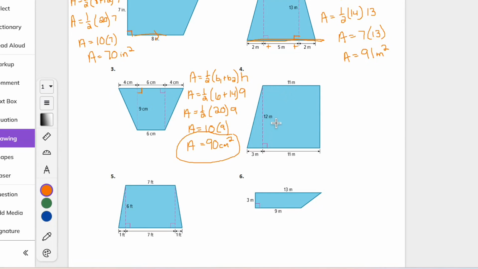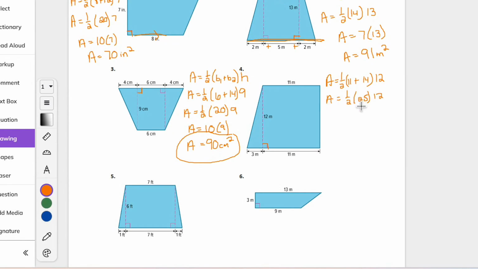This one's just a little bit different. Still, that height is perpendicular to the base. So base 1 is 11, base 2 is going to be 14 here, and the height is going to be 12. Area equals 1/2. 11 plus 14 is 25 times 12.